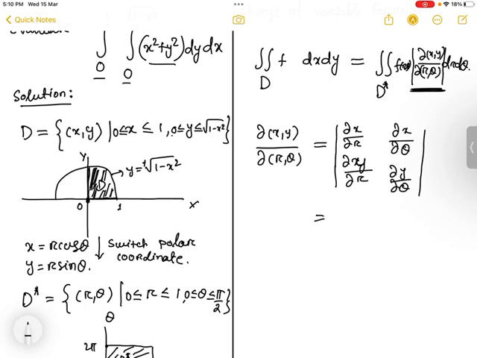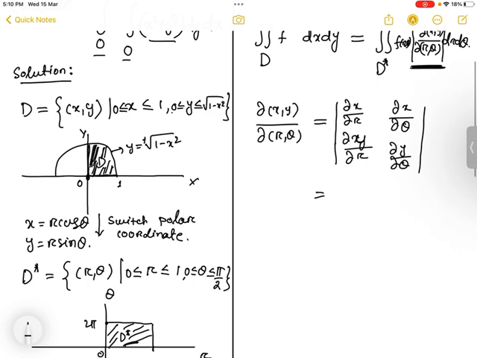So what will you get? If you put x equal to r cos theta, then ∂x/∂r is only cos theta. Here you get ∂x/∂θ, which means minus r sin theta. Here you get ∂y/∂r, so sin theta. ∂y/∂θ means r cos theta.